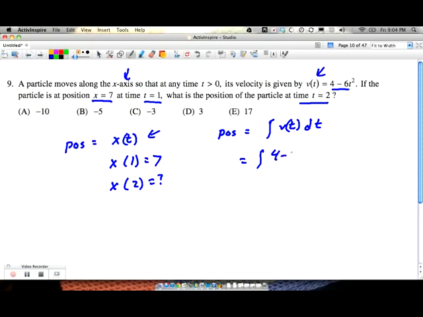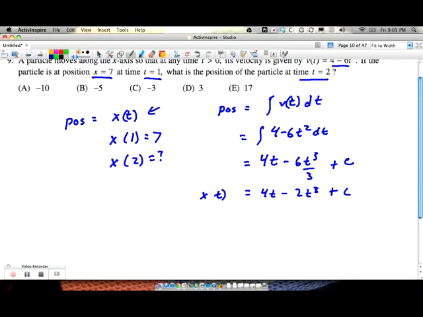So that's the antiderivative of 4 minus 6t squared dt. If I take the antiderivative of 4, that's 4t. The antiderivative of 6t squared is going to be 6t cubed over 3. But that 6 and 3 are going to simplify, so we'll just have 4t minus 2t cubed plus c, of course. And that's our x of t, you could say.